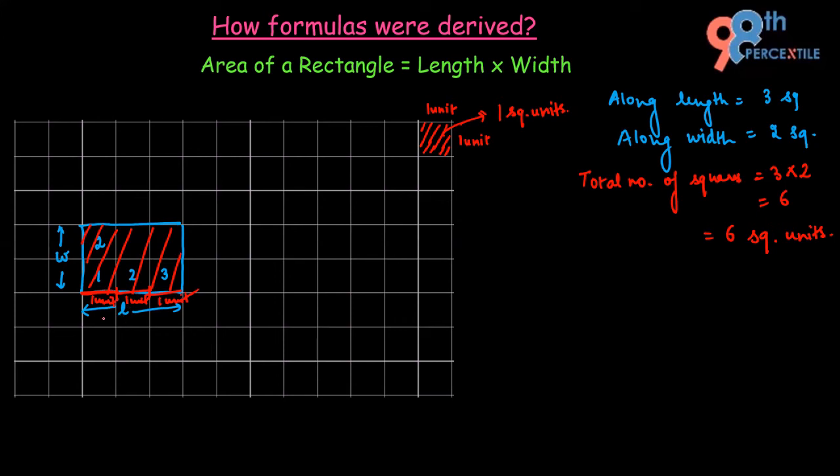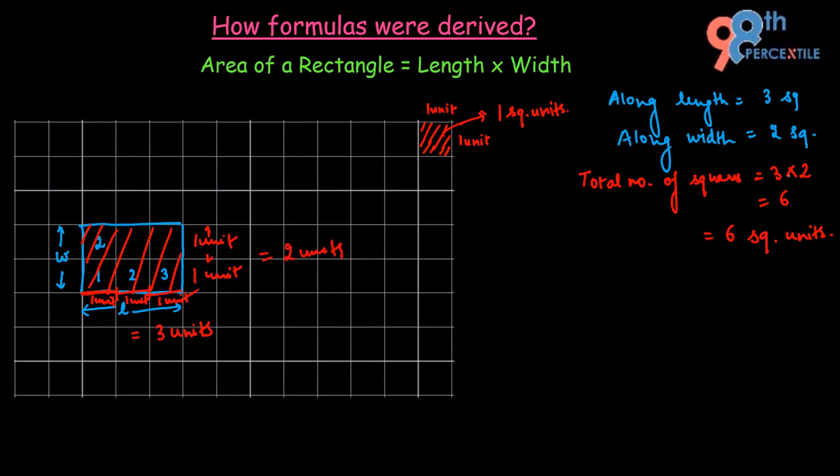So this means that this complete length is nothing but 3 units. Similarly, the length of each square along the width is also 1 unit, and this is also 1 unit. So the complete length of this width is 2 units.